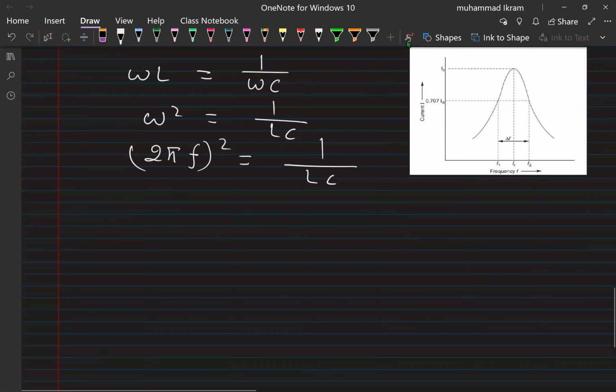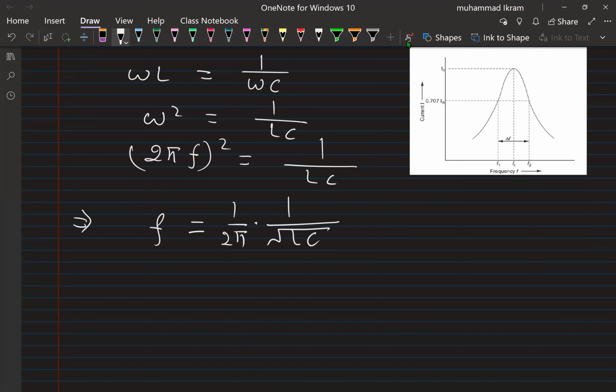Or I can write it like this: f equals 1 over 2 pi into the square root of 1 over LC. This frequency is called the resonant frequency.